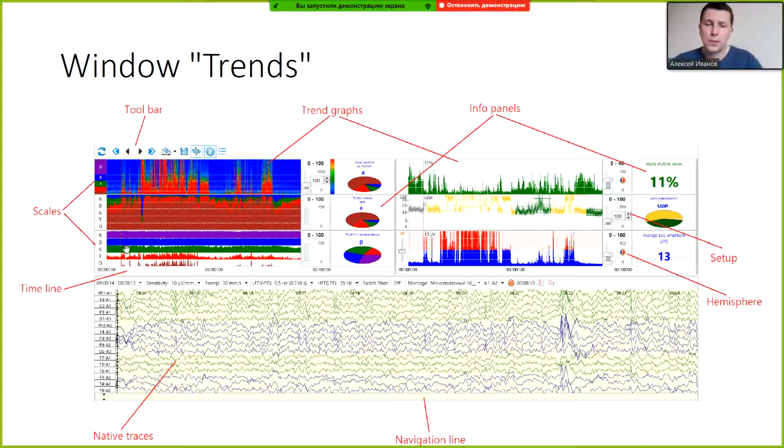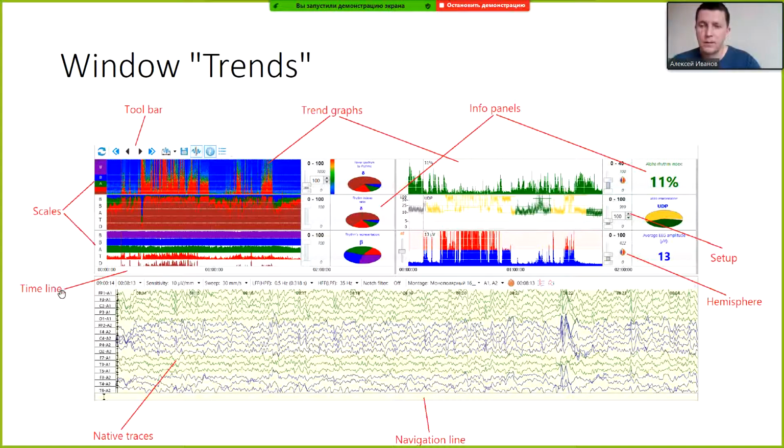Here we can see two columns of trends windows. In the main part we can see trends graphs. On the top we can see the toolbar. With the help of these buttons we can move trends, set different sweep speed, time scale and so on. Each trend has a scale on the left side.